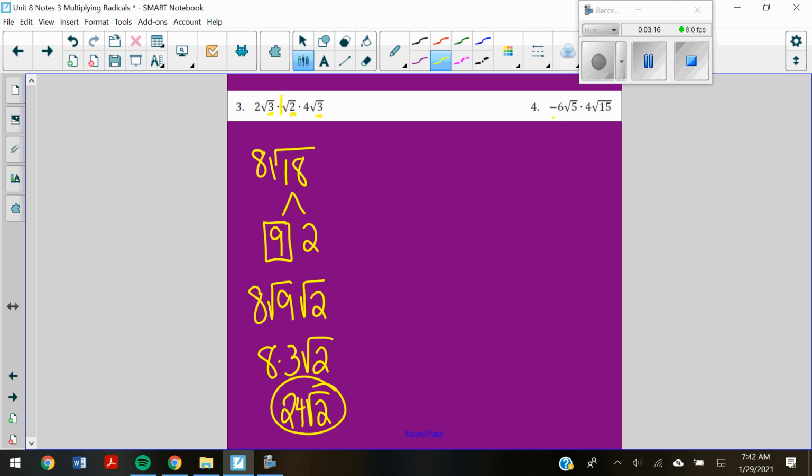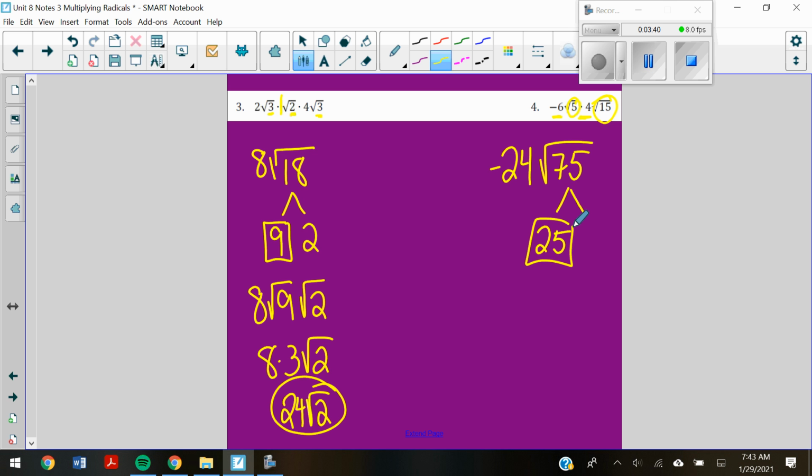All right, so let's go ahead here. We're going to multiply our outside numbers. So negative 6 times 4 gives me negative 24. And we're going to multiply our numbers underneath our radical here. And 5 times 15 gives us 75. 75 we can break down. Again, you want to be looking back at 8.1 at all those perfect radicals if you don't know them. I do have them written up in our classroom somewhere.